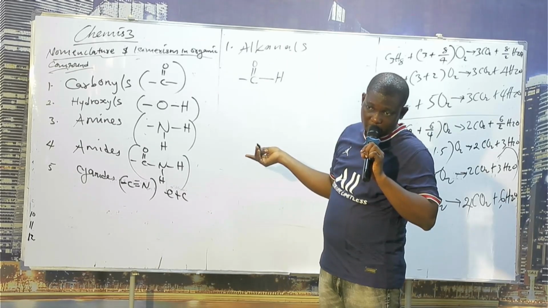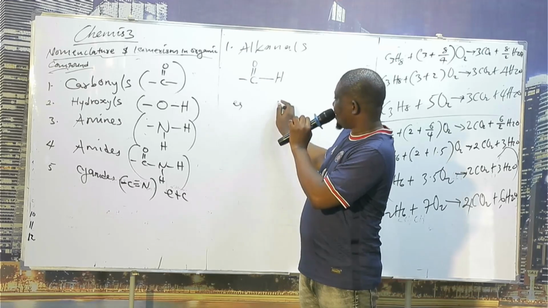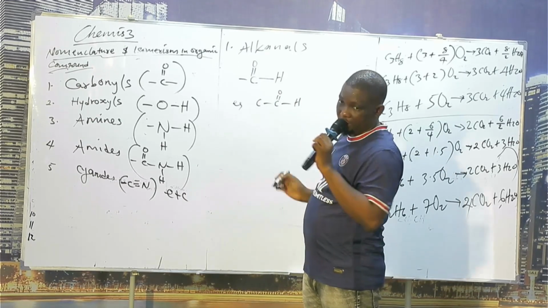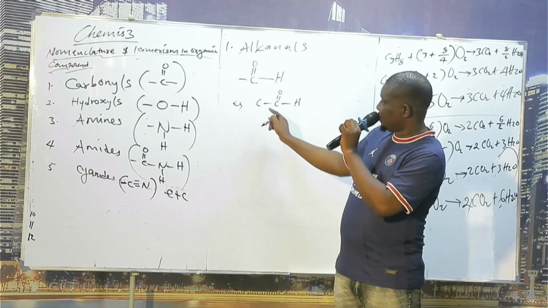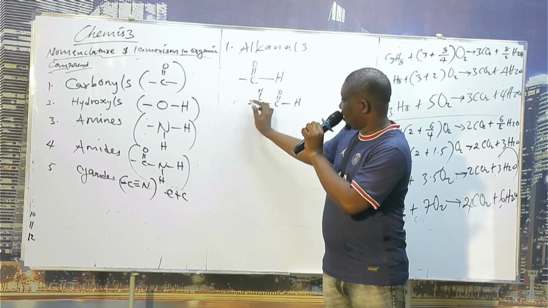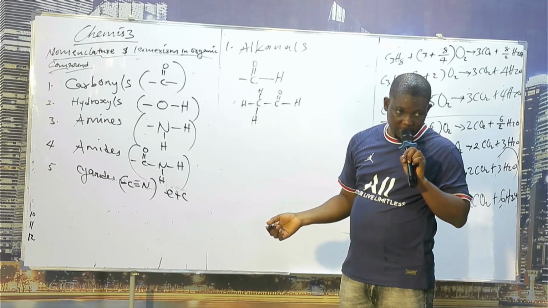It's very simple. For example, if I have this carbonyl now linked to C that has 4 bonds, I have H and H.